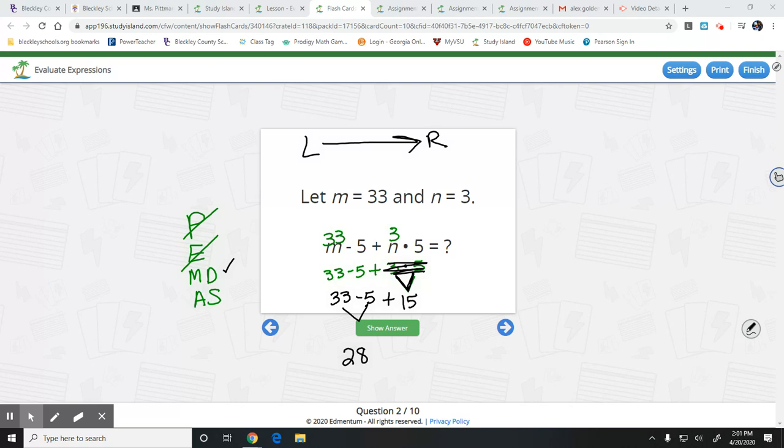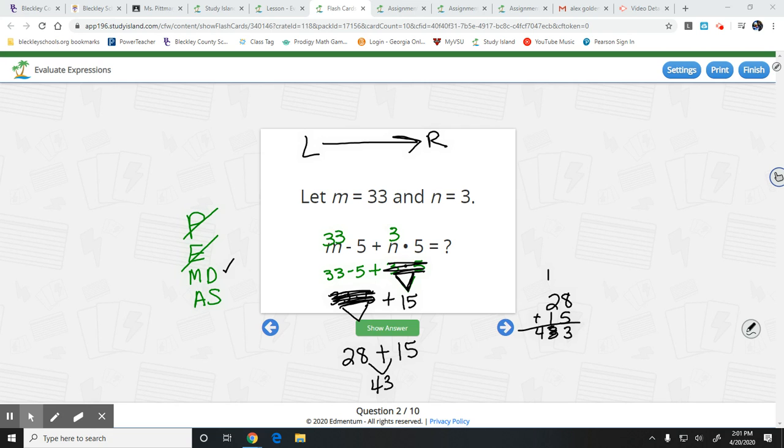I've combined 33 and 5 and the subtraction, and so we don't need that anymore. We're going to bring down our 15. So 28 plus 15. Okay, so I'm going to stack it on top of each other for standard algorithm. 8 plus 5 is 13. Carry my 1. 2 plus 1 is 3, plus 1 is 4. My bad. Okay, so it is 43.